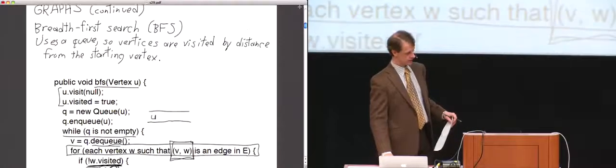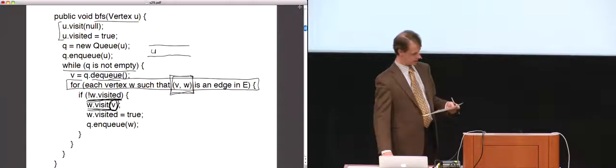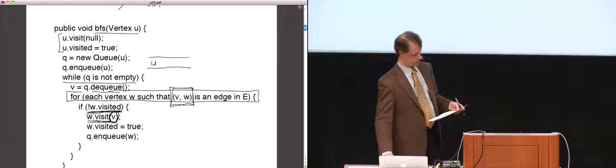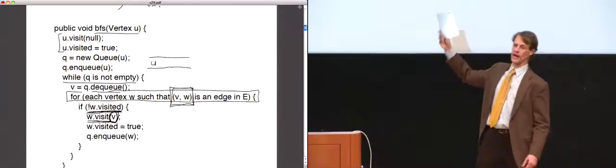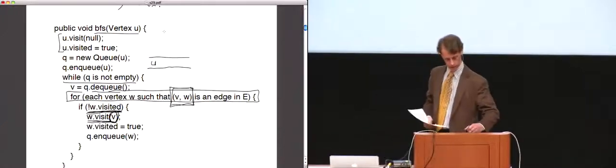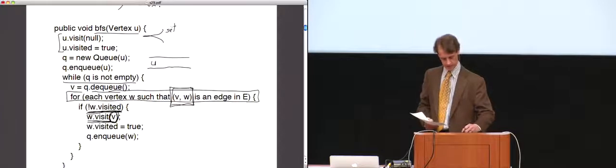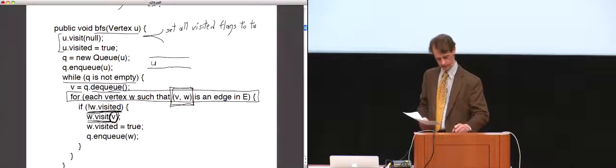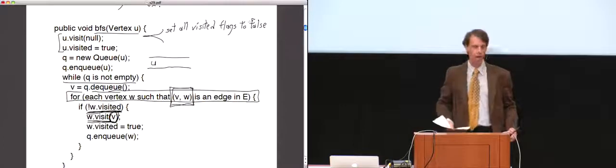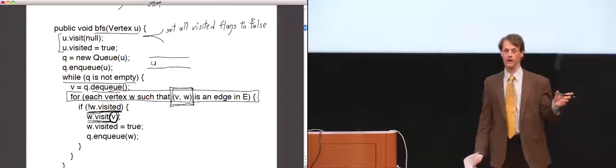Let's take a quick look at that pseudocode and just see where this big O of V plus E time comes out. In this pseudocode, I actually left something out. Before you do this, you either have to set all the visited flags to false, or you have to construct an array of visited flags or something like that.